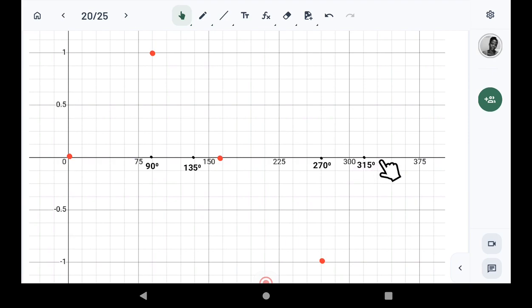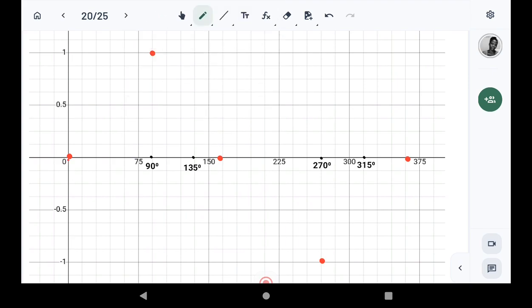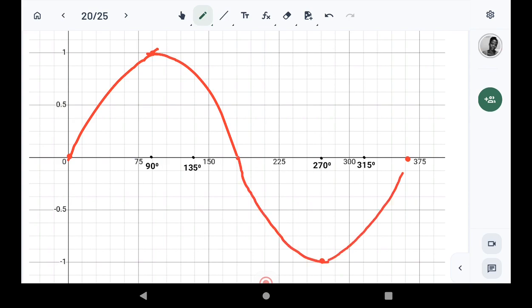Right, so we join. No, that is not 180. 180 is here. That's how the sine graph turns out.